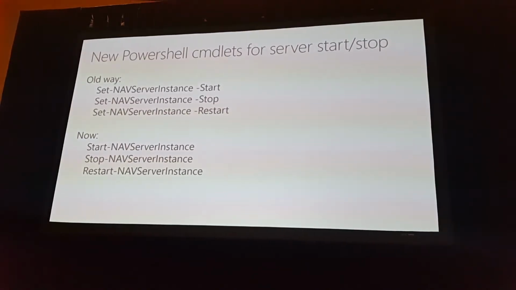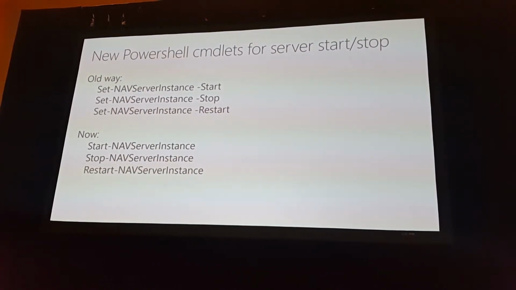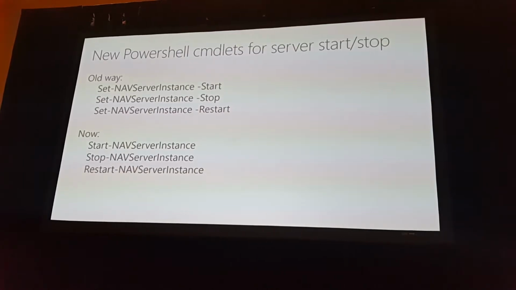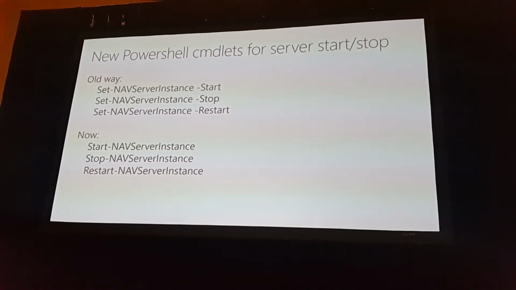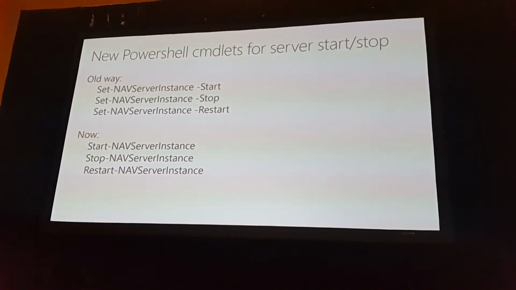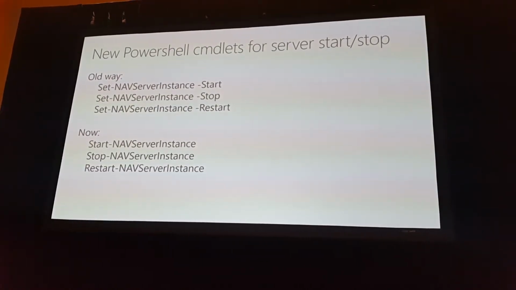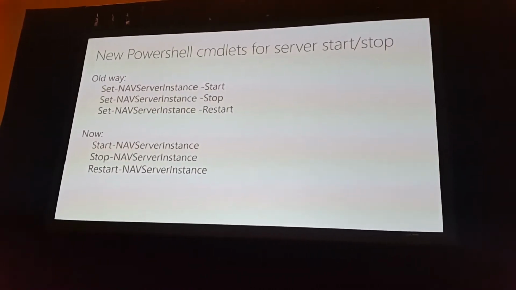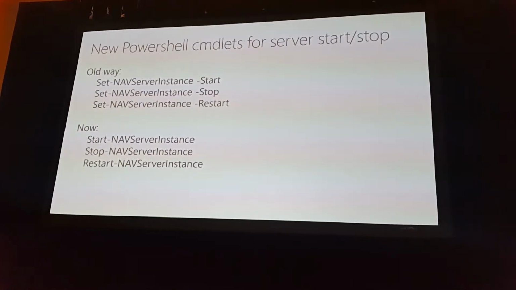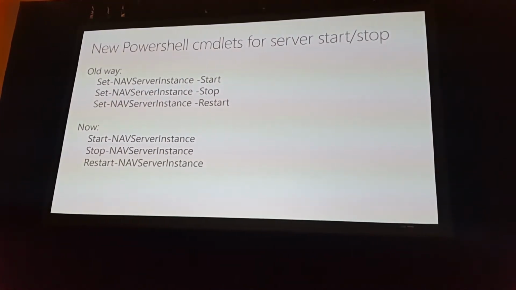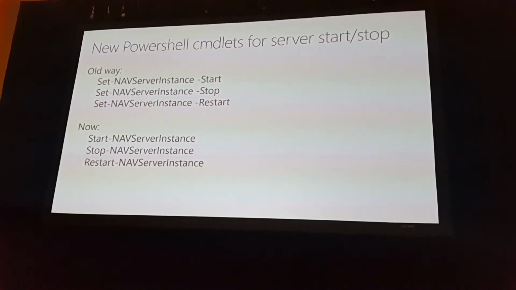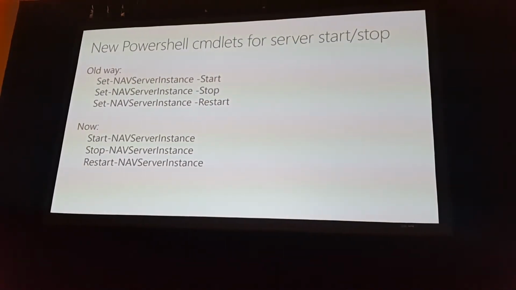And the outcome of that command would be unknown at best, or interesting. So we have named the commandlets appropriately after what they actually do. So it's start nav server instance and stop nav server instance and restart nav server instance to eliminate all confusion about what that actually ends up doing.